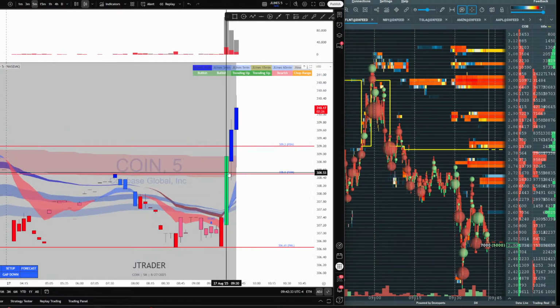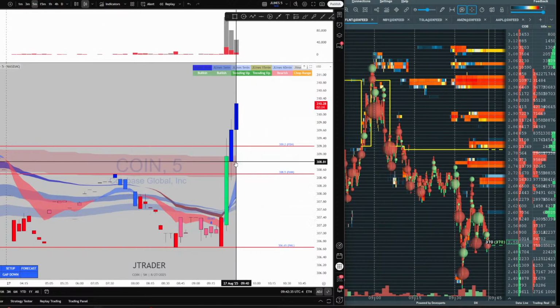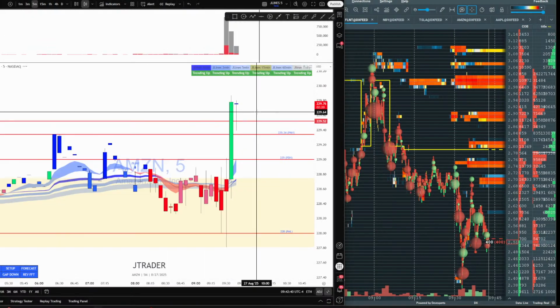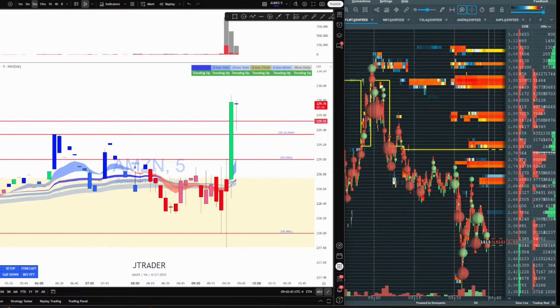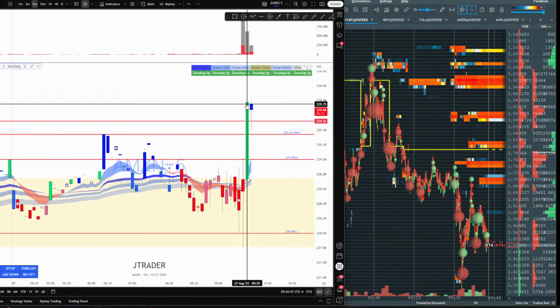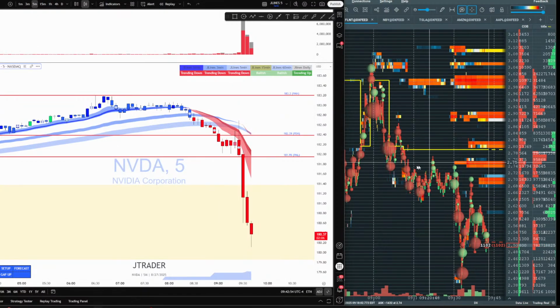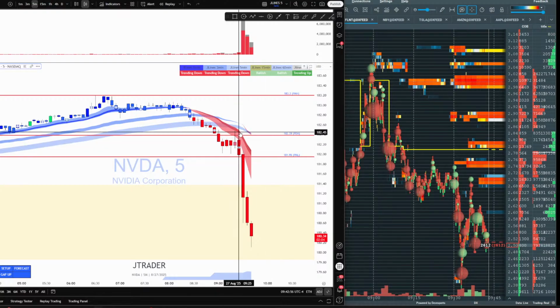So you can see the system over here is giving long. Waiting on Apple, but Apple could give us a good long play. Watching PLTR long. AMZN, we're still holding. NVIDIA, we're still holding for the short. Why NVIDIA, guys? Again, JLine rejection, okay?